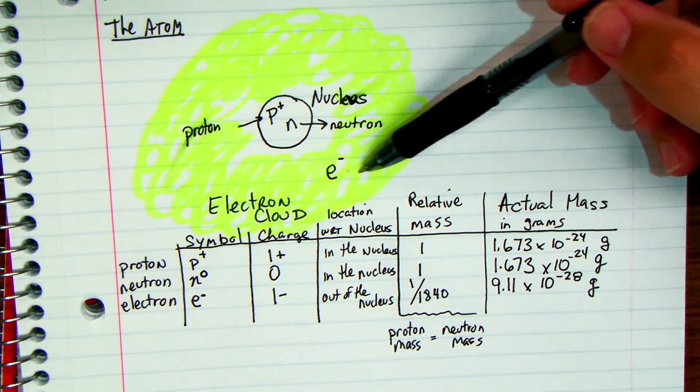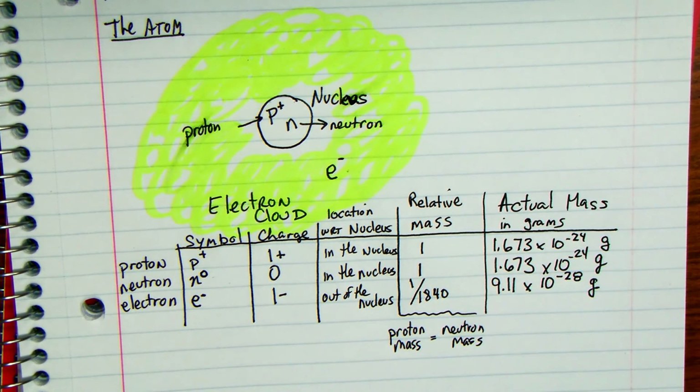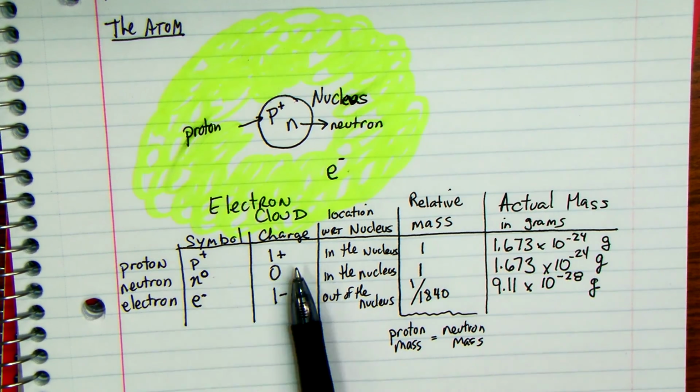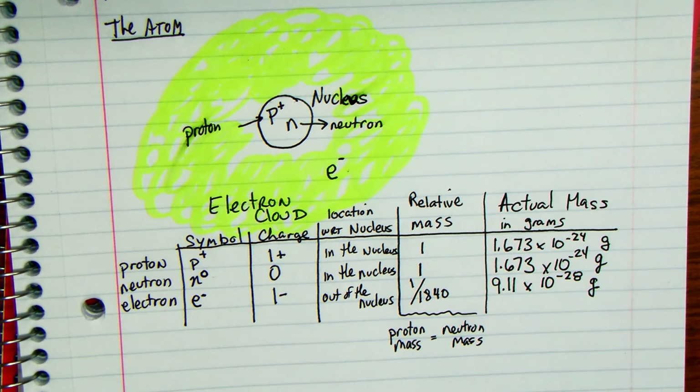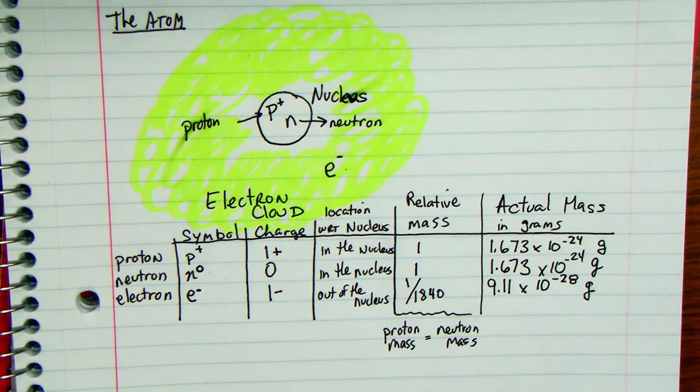This information is going to be helpful, especially when we start calculating atomic mass. But for right now, this is what you need to know. Everybody okay with this? Cool. All right.